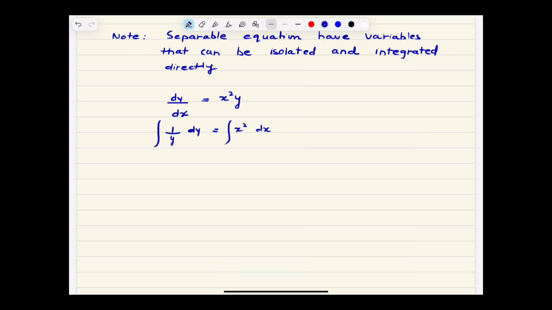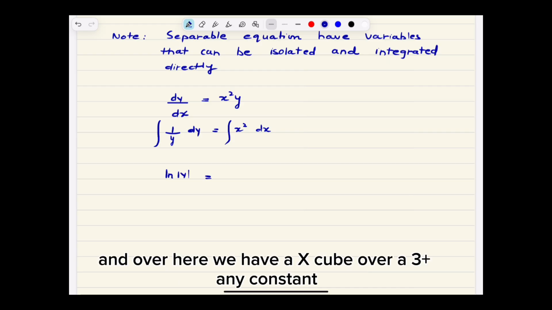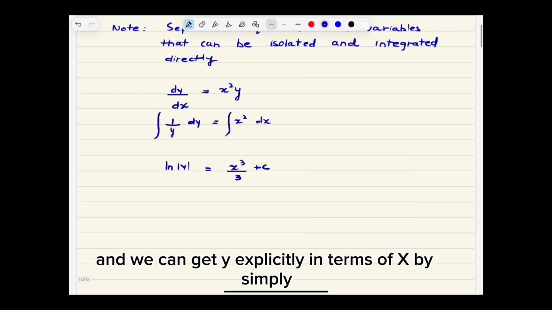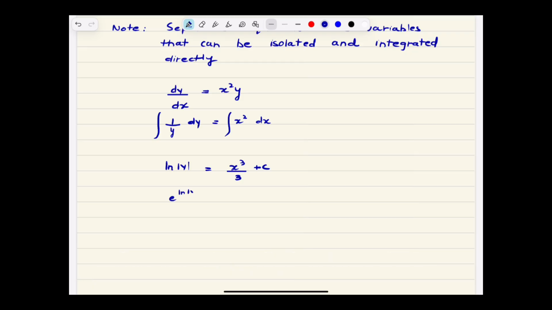integrate. We are left with a log of y, and over here we have x cubed over 3 plus any constant, and we can get y explicitly in terms of x by simply using the exponential function.